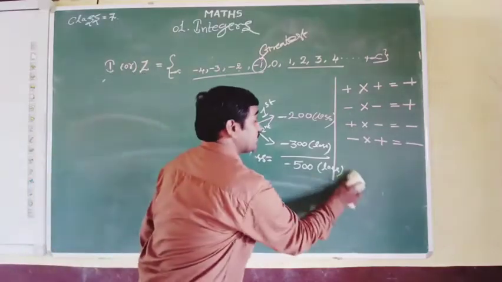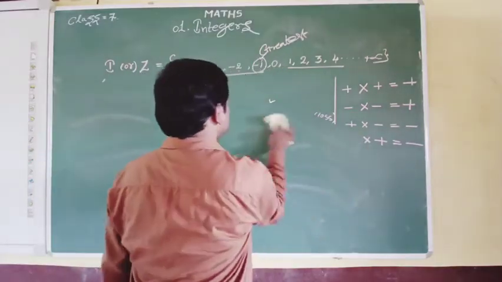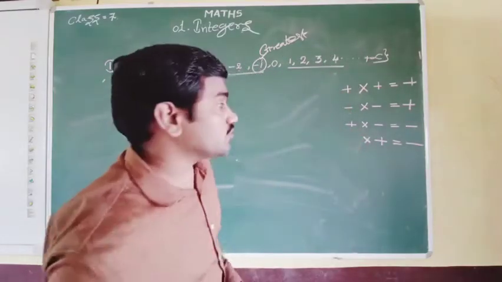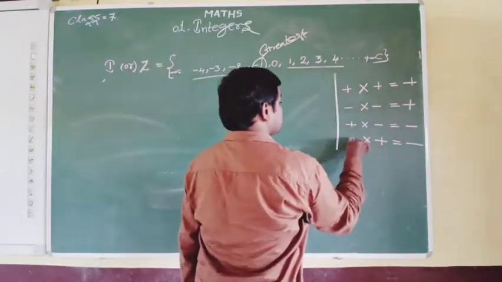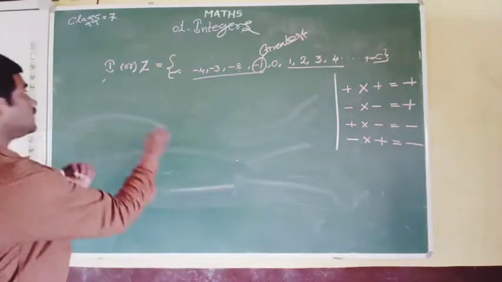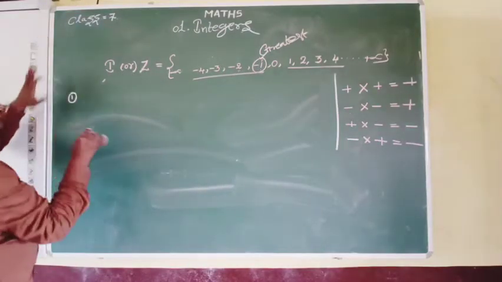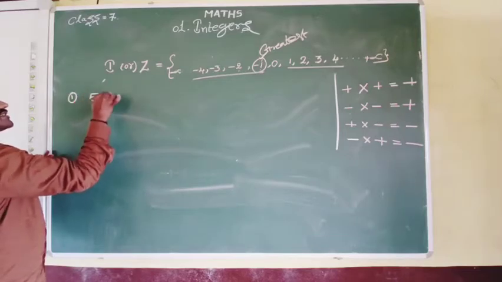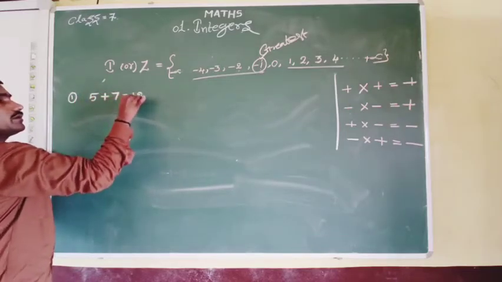Let me write more clearly here to clarify your doubts. Let's go for the first one. 5 plus 7 equals 12.